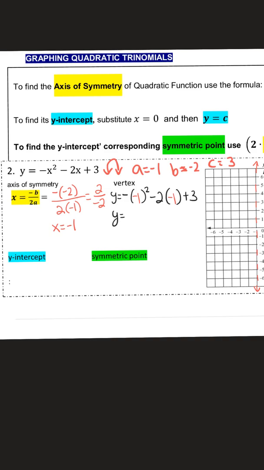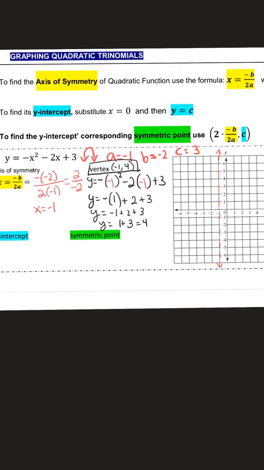So I get y equals negative, and -1 times -1 is a +1, so I get 1. -2 times -1 gives me +2 plus 3. So then this ends up giving me y equals -1 plus 2 plus 3. -1 plus 2 gives me 1. So y equals 1 plus 3, which is 4. So my vertex is at -1, 4.